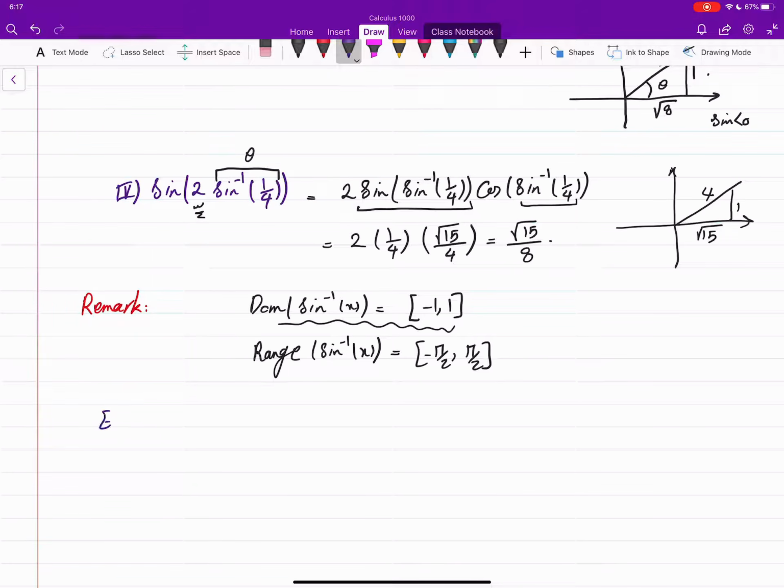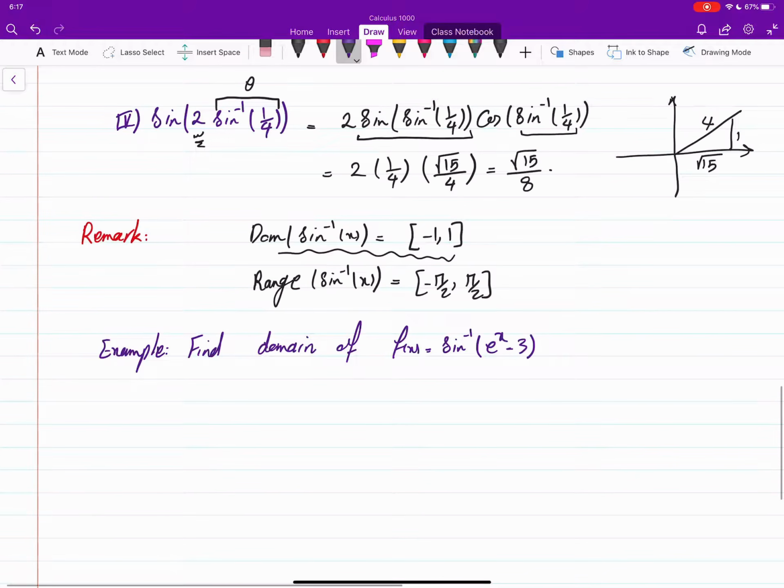For example, find domain of the function I have, which is f of x is sine inverse of e to the power x minus 3.